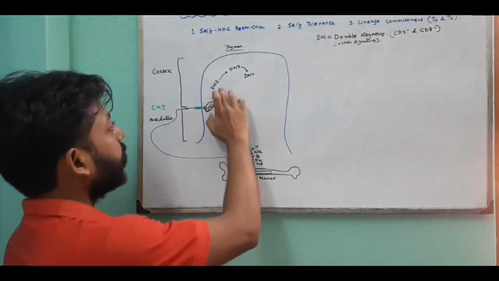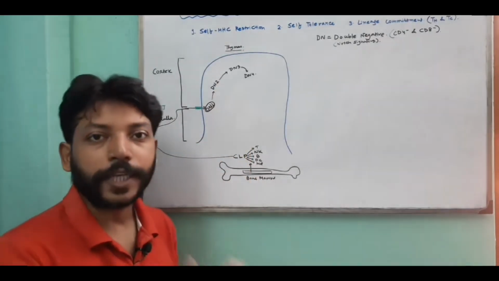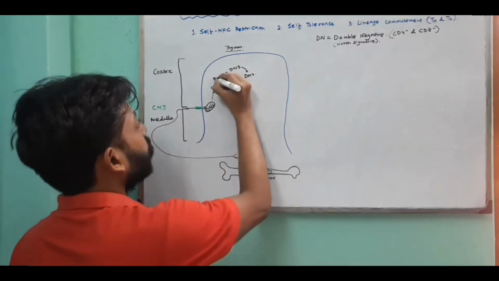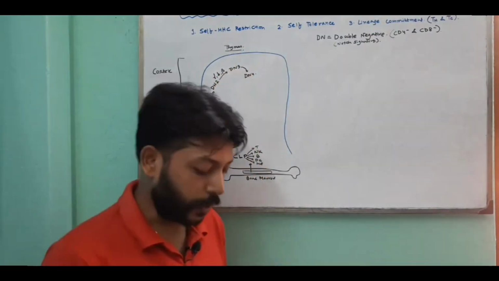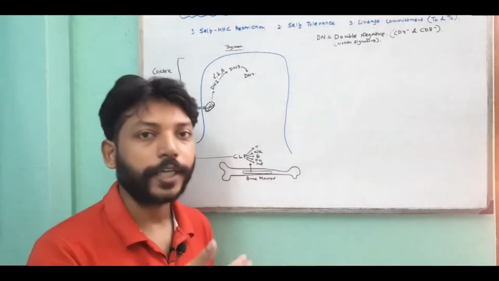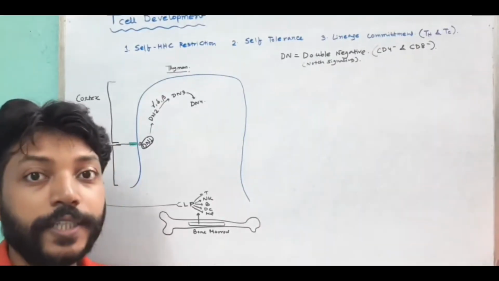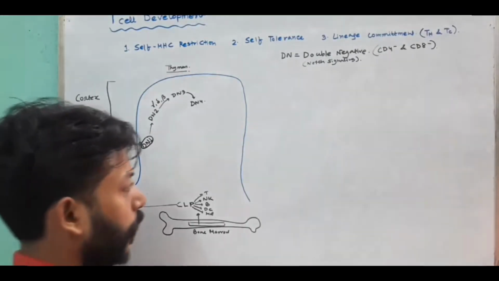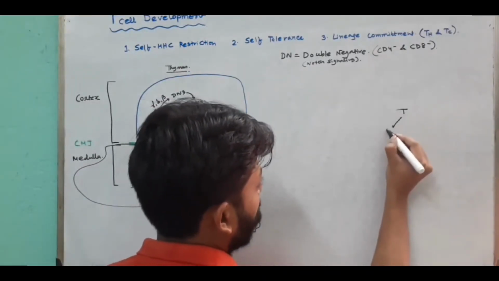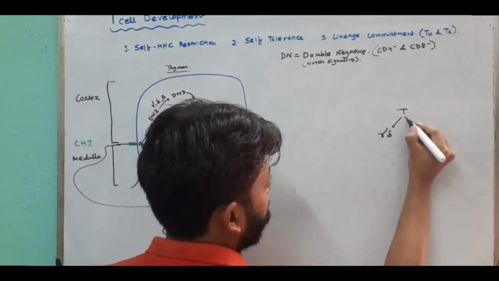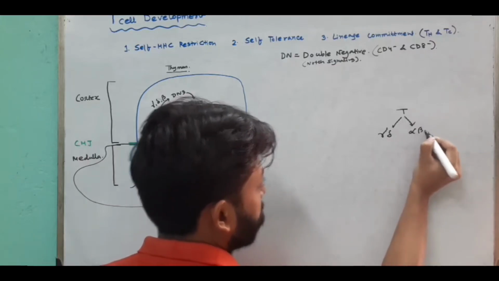And not only that, during the transition from DN2 to DN3 the cell starts to produce gamma, delta and beta genes. During the transition from DN2 to DN3 they start to produce T cell receptor chains. What happens? A T cell can be broadly divided into two subsets. One is called gamma delta and another is called alpha beta.